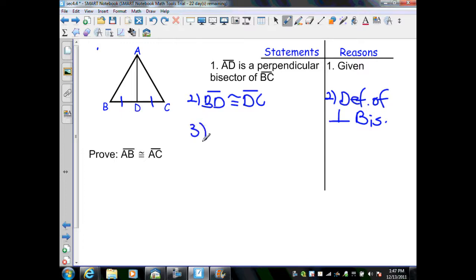Step 3. I know that AD is a perpendicular bisector of BC, therefore it forms right angles. And if that's true, then that means that angle ADB is congruent to angle ADC.